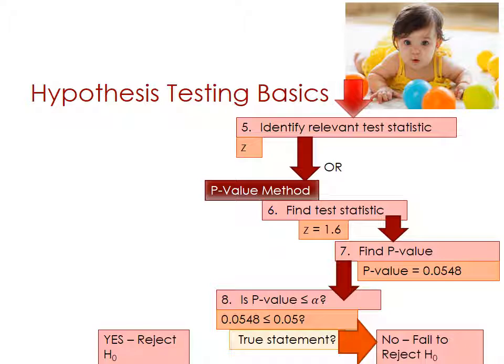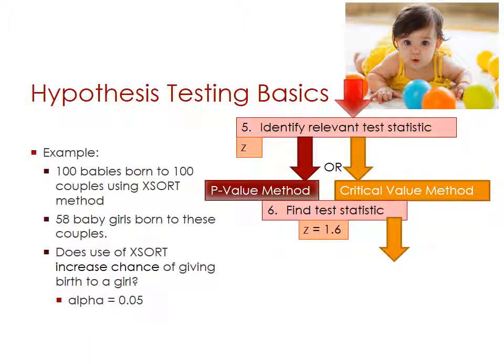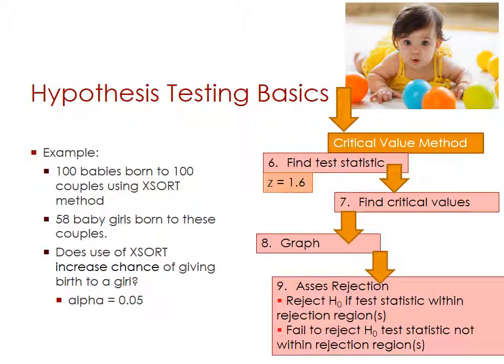So we're going to shift and come back and resolve this problem again using StatCrunch, but we're going to solve it from the critical value method approach. We've already found our test statistic, 1.6. So now we're going to find our critical values just as we did before. You find your critical values, graph it out, and then make the assessment.